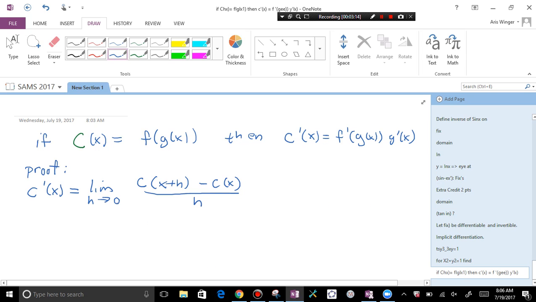So this is equal to the limit as h tends to 0 of f of g of x plus h minus f of g of x all over h. All you're doing is plugging x plus h in for x.